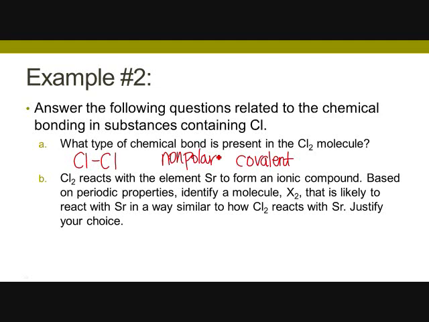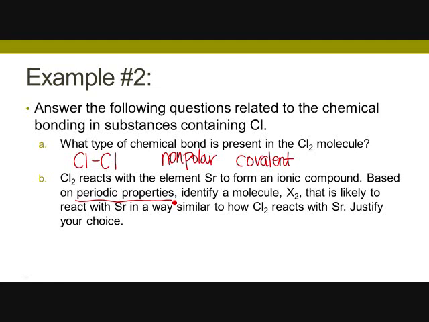B, Cl2 reacts with the element Sr, which is strontium, to form an ionic compound. Based on periodic properties, identify a molecule called X2 that is likely to react with strontium in a way similar to how chlorine reacts with strontium. Justify your answer. When it says periodic properties, it's talking about where close to it on the periodic table you're going to find what element replaces it.